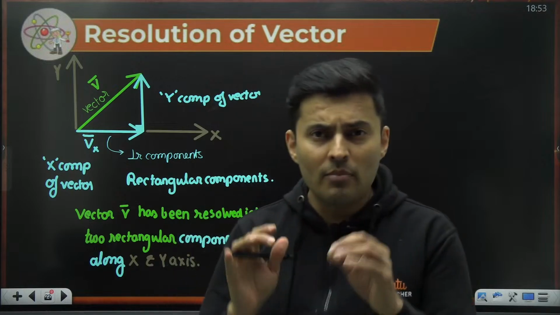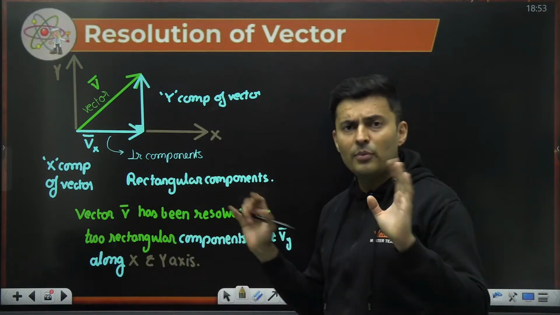So I found the x component and the y component, which are separately along the individual axis.